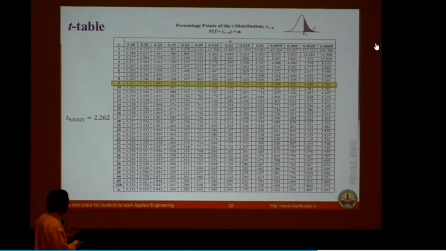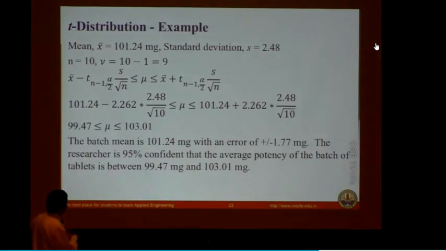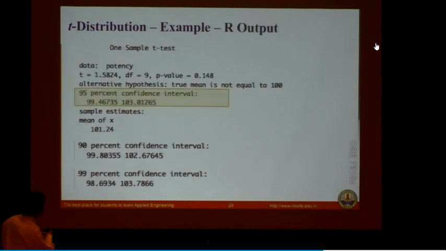What was the null hypothesis? The null hypothesis here was that the mean weight of the medicines is 100 milligrams. That's what it is showing here. The alternative hypothesis is that the true mean is not equal to 100 milligrams, because it's a two-sided test.